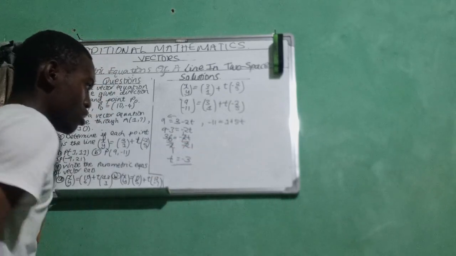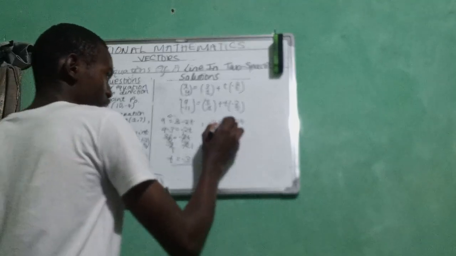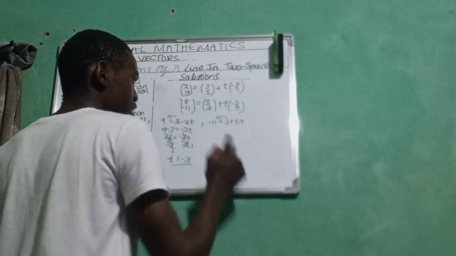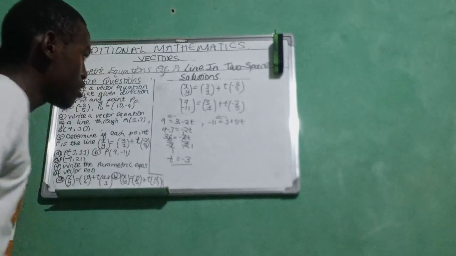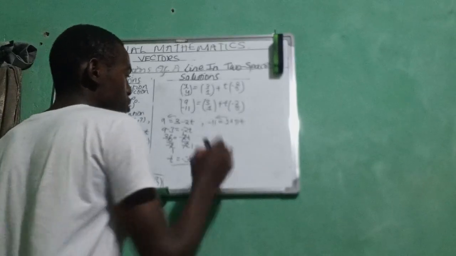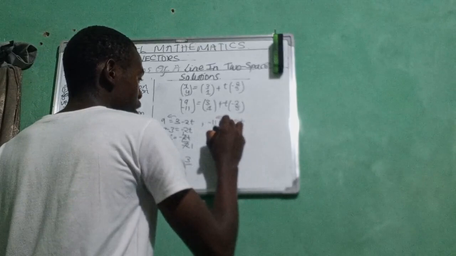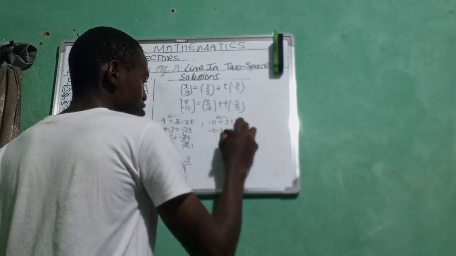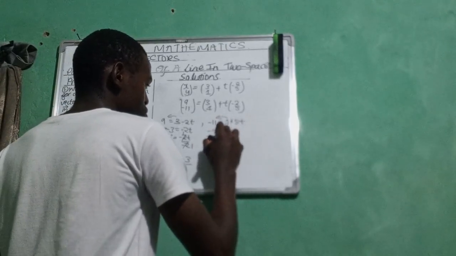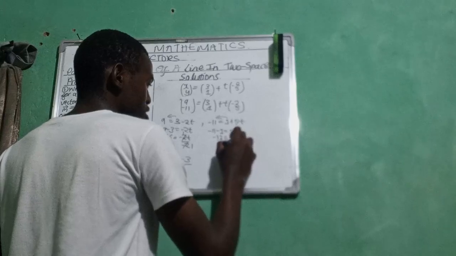And then here we are going to take the 1 to that side of the equation, and we are going to have -11 minus 1 is equal to 5t. -12 is equal to 5t.